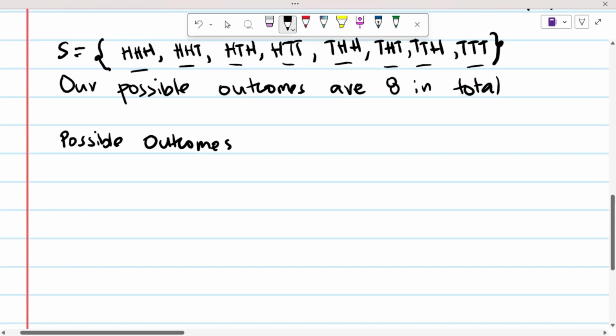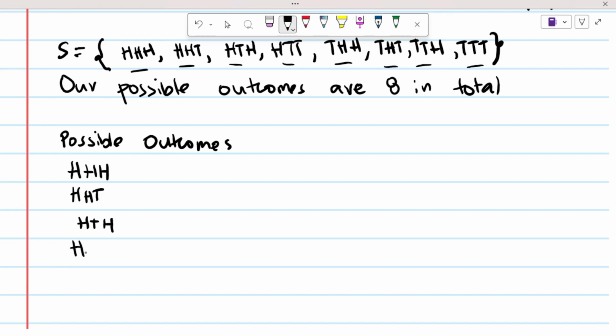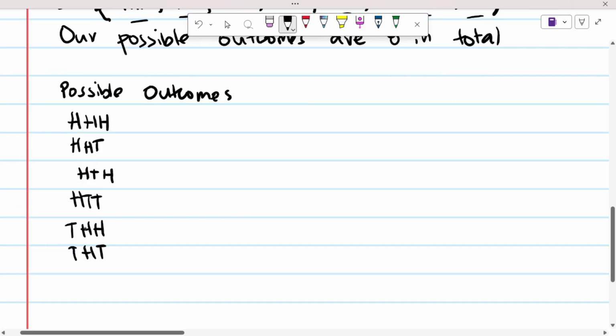Our possible outcomes are: head, head, head; head, head, tail; head, tail, head; head, tail, tail; tail, head, head; tail, head, tail; tail, tail, head; and tail, tail, tail. So these are all our possible outcomes.